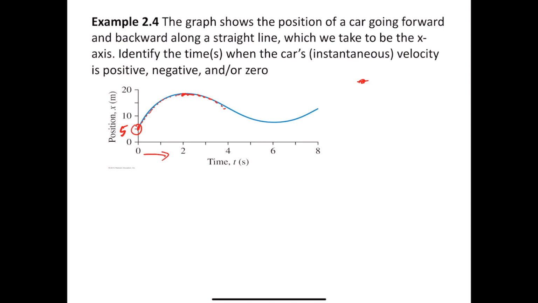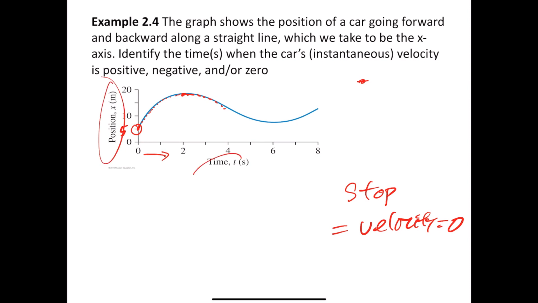Now, how do you know stop? When I say stop, stop means velocity equal to 0. This is the meaning of stop. Now, graphically, if you plot position versus time, it is where the tangent at this point equals 0. So therefore, I will say roughly about 2 seconds, it stops.